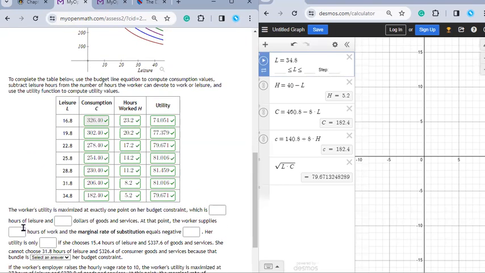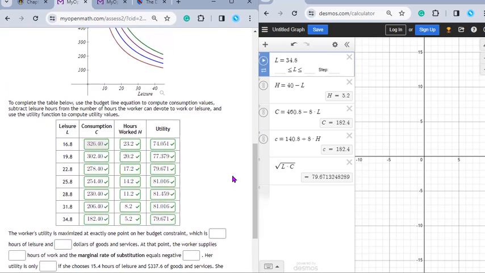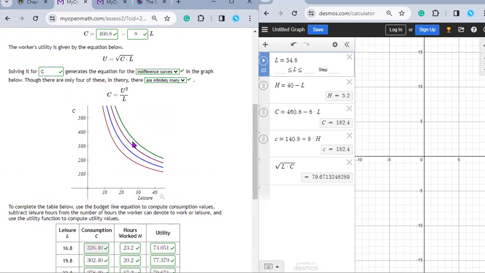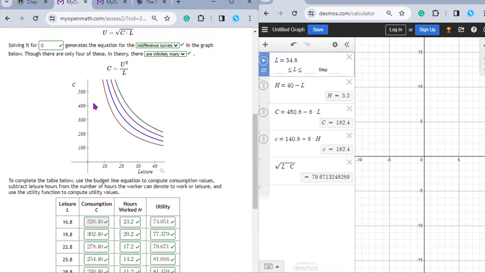Okay. Now, like I said, the worker's utility is maximized at exactly 1 point under the budget line. The reason is that if you draw a downward sloping line, it's either going to intersect the curve twice, or it's going to just kiss the curve at a tangency point, or the downward sloping line won't even intersect the curve.